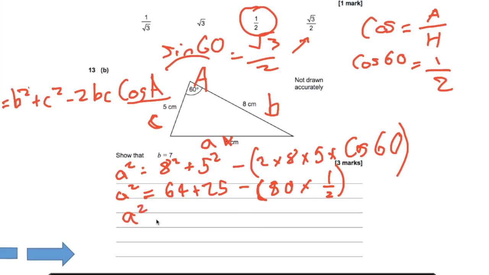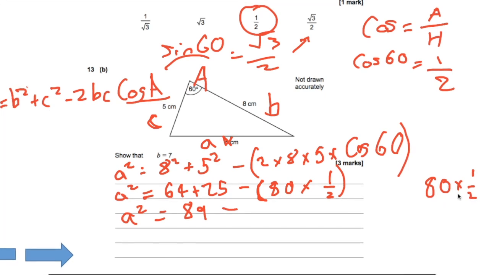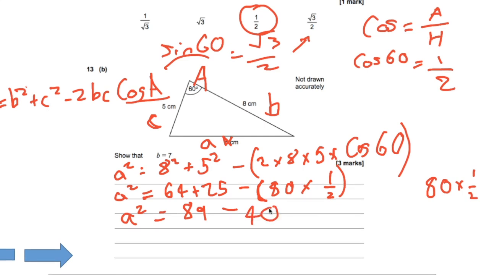So therefore A squared equals 64 plus 25, which is going to be 89, minus 80 times a half. Remember, when you multiply it by a half, it's going to be 80 divided by 2 times by 1. So a whole number divided by the bottom times by the top, you might have heard. So 80 divided by 2, which is 40, 40 times by 1, which is 40. So it's going to be 40, or just half of 80 is 40.